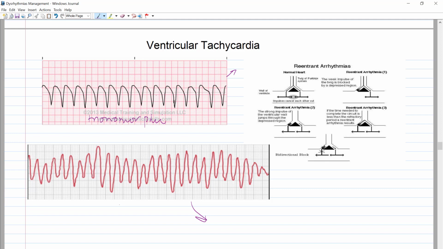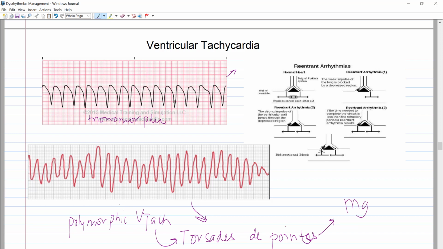When you look at the second image here, this is polymorphic VTAC. And actually, this polymorphic VTAC is torsades de pointes. And how do you fix this torsades de pointes? You've learned this in fluid and electrolyte imbalances. You give magnesium because this also represents hypomagnesemia.